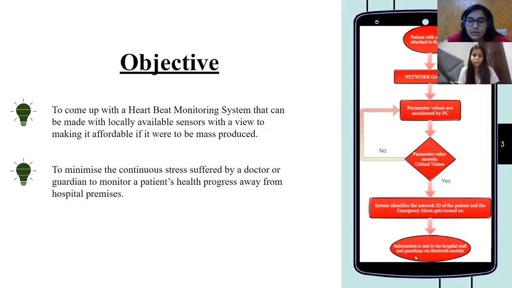Also, all the records are sent to the hospital staff or the guardians via Bluetooth module. If the parameter value does not exceed the critical values, then the loop continues on, and the records keep on getting to the guardians.